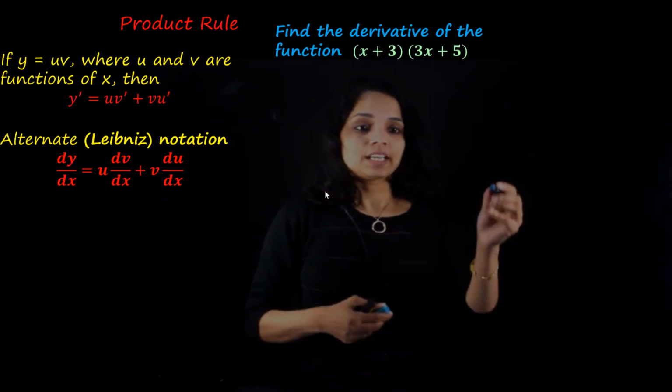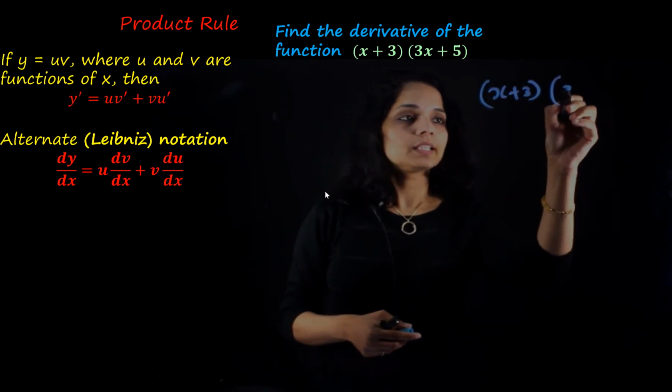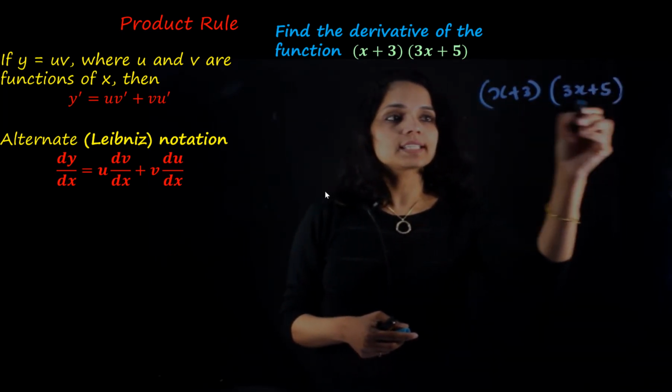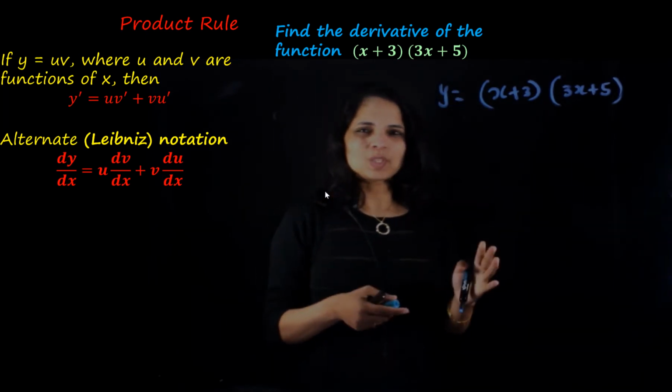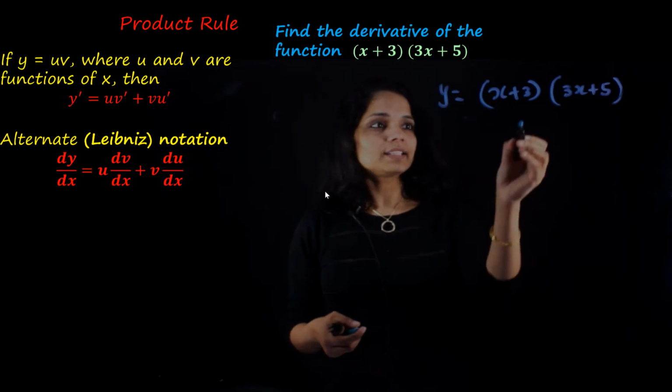So the next question is, find the derivative of x plus 3 times 3x plus 5, that's our function y. To do this one, even if you don't want to use the product rule, there is another mechanism, which is to expand this.